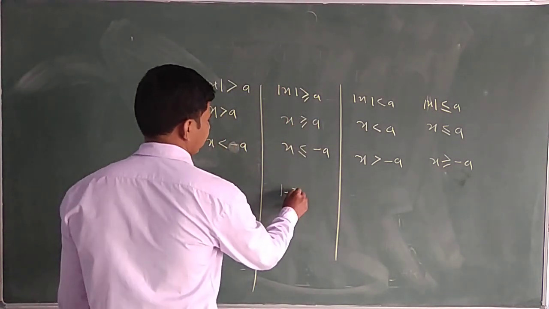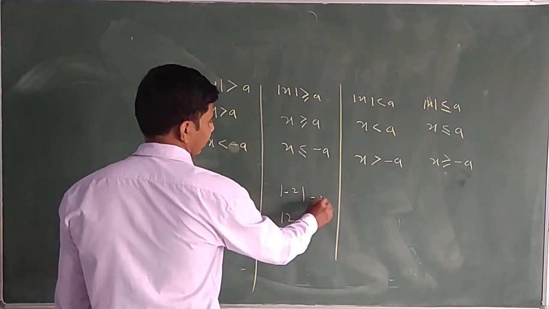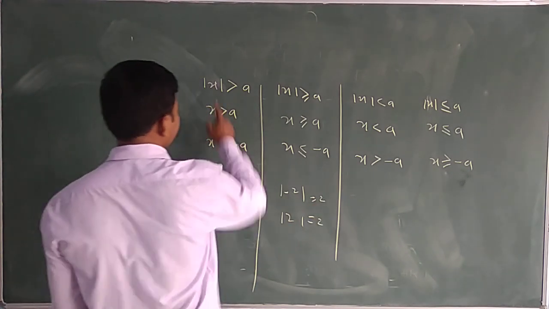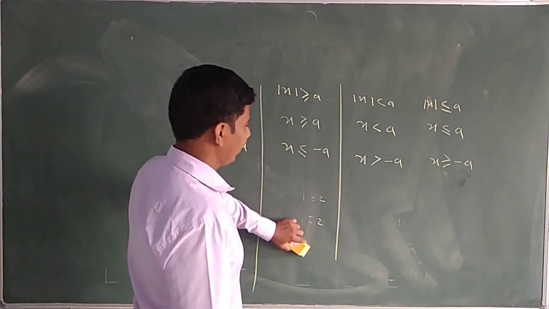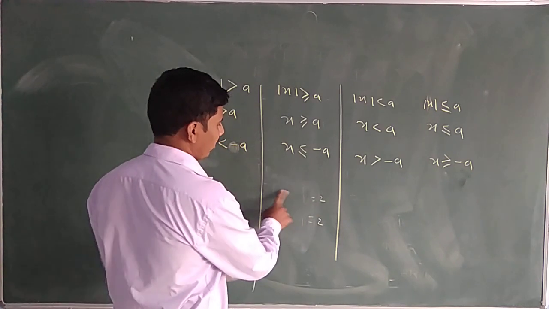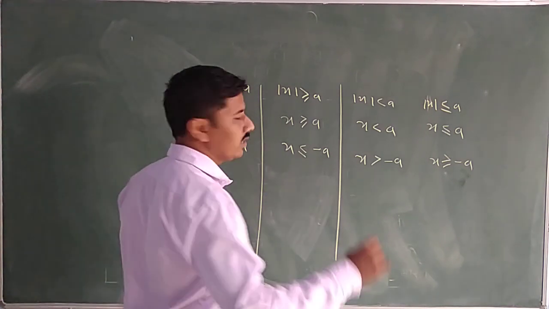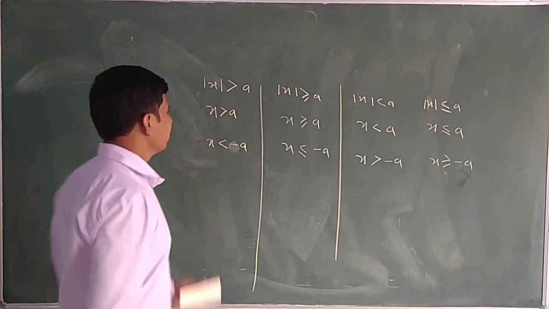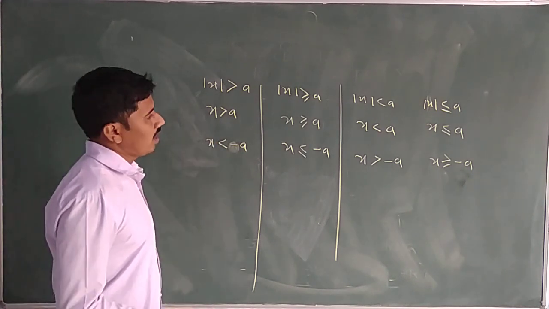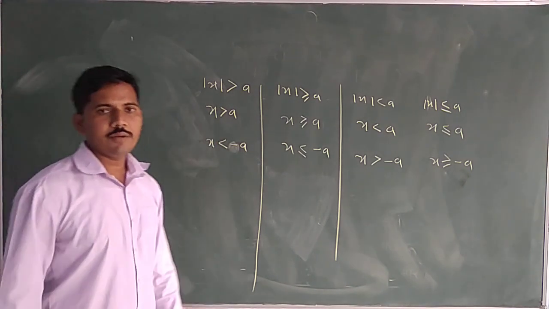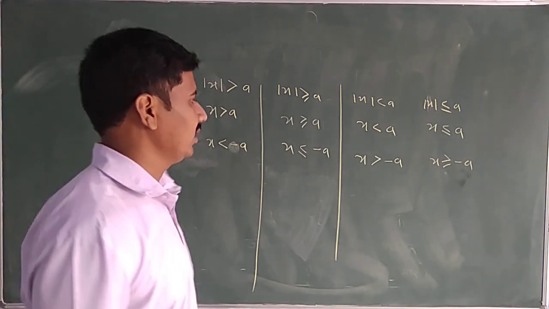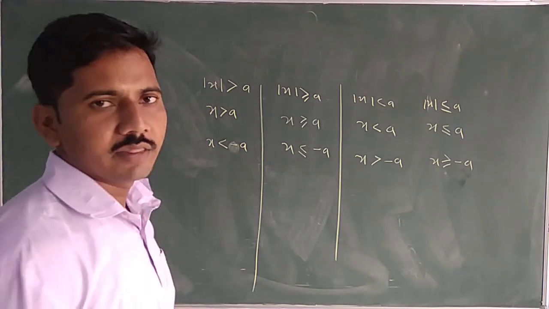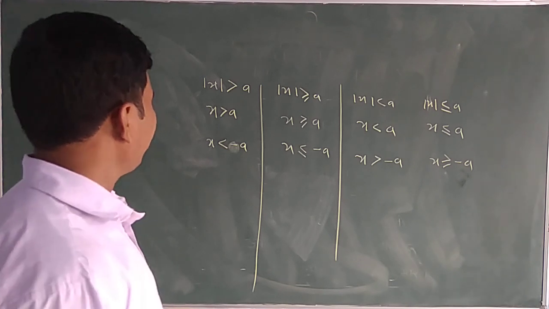Remember, modulus of minus 2 and modulus of 2 both come as 2 only. Likewise, if the modulus of x is given, we get only its value, not its sign. So there could be a change in the solution, and we have to consider these two cases. How that is derived, I told you in the last lecture. So remember this.